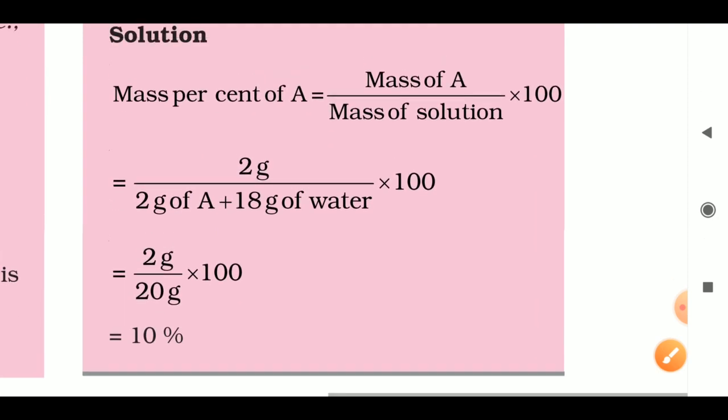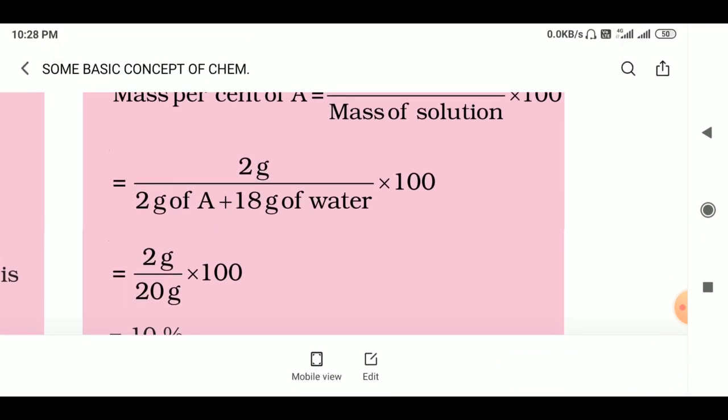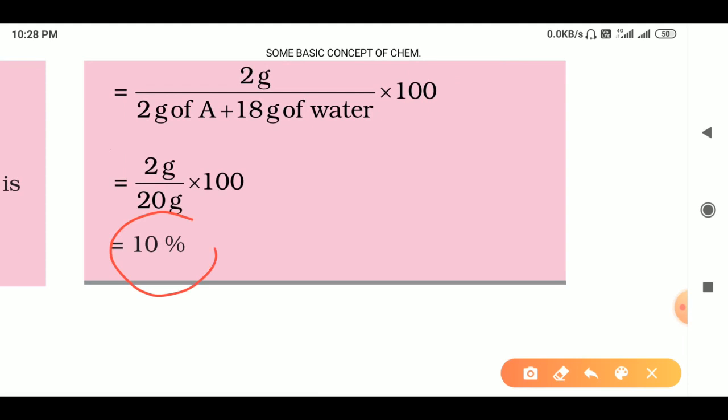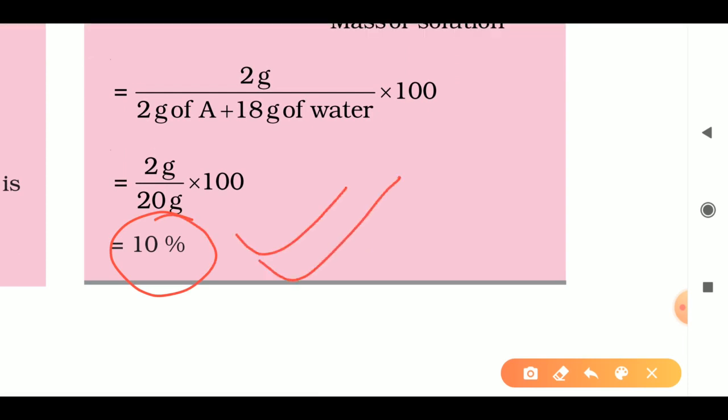Clear? Now what is the answer? 10%. So we can calculate the mass percentage of any solute by this method. That is the method by which we can express the concentration in terms of percentage.